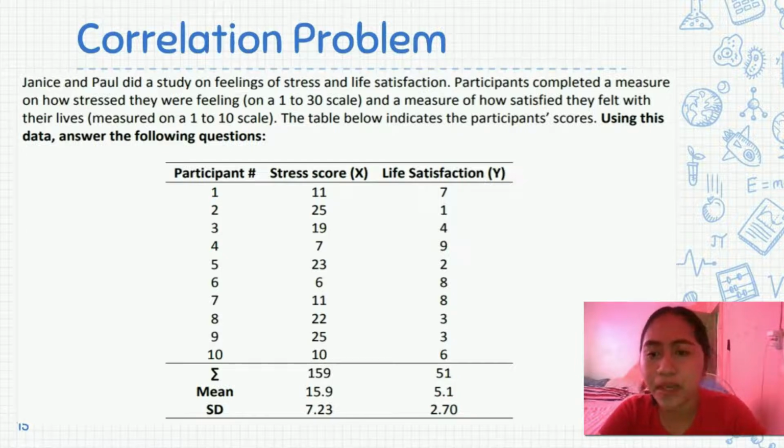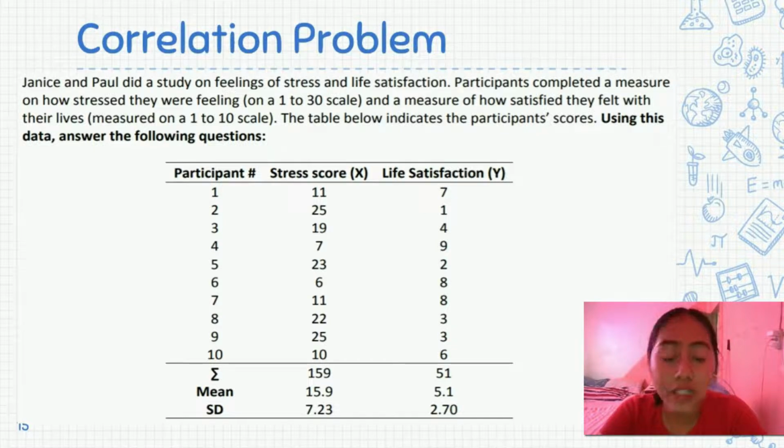So we can see here in the data that we have 10 participants, and the stress score, which is our x, will be 11, 25, 19, 7, 23, 6, 11, 22, 25, and 10. And then the summation of that is 159, so the mean is 15.9, and the standard deviation is 7.23.